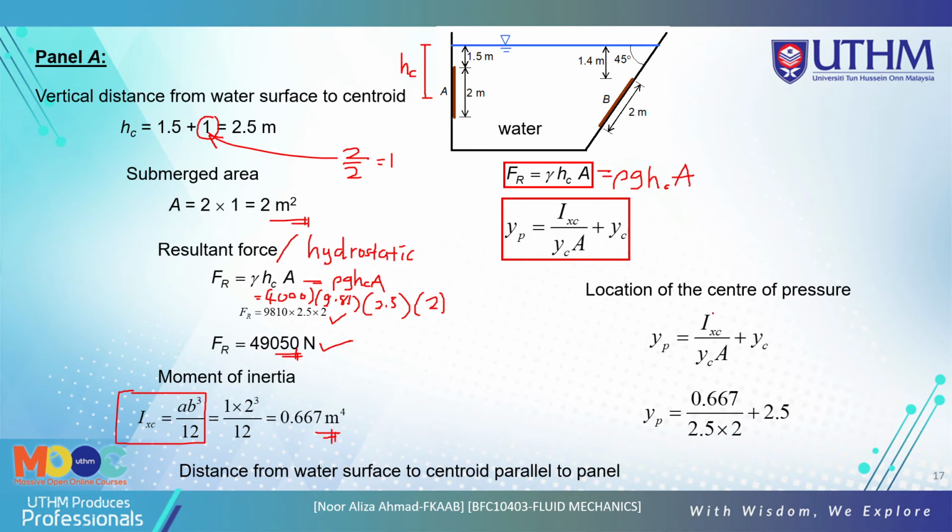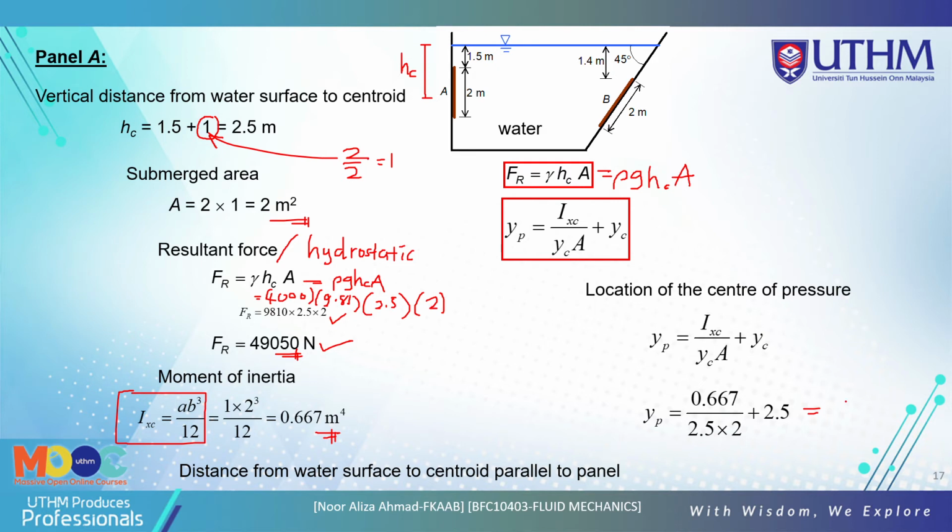YP is equal to IXC divided by YC times A, plus YC. Put in the values: 0.667 divided by 2.5 times 2, plus 2.5.